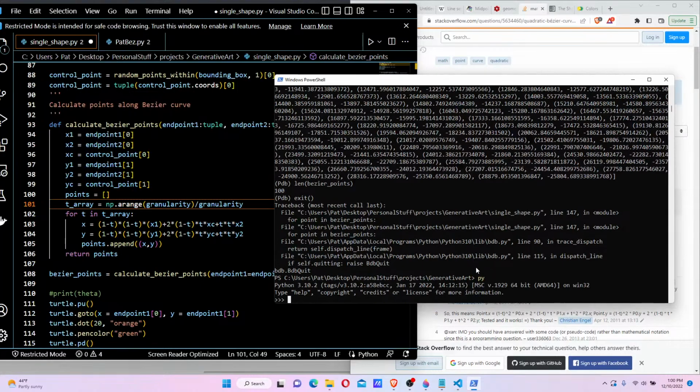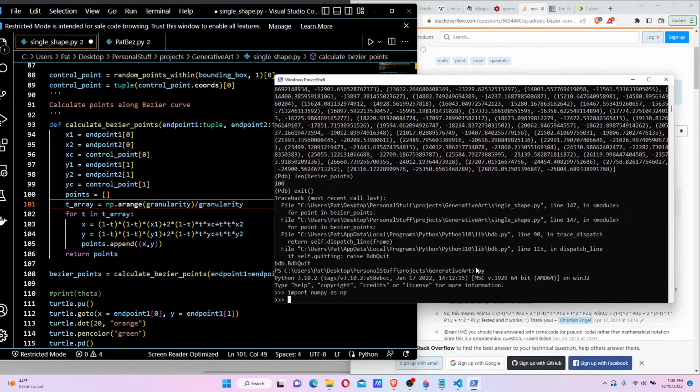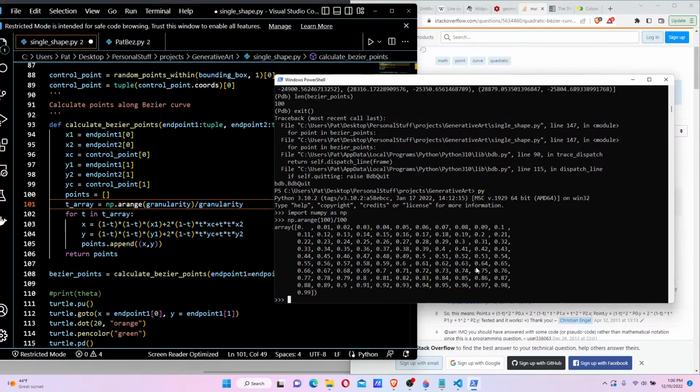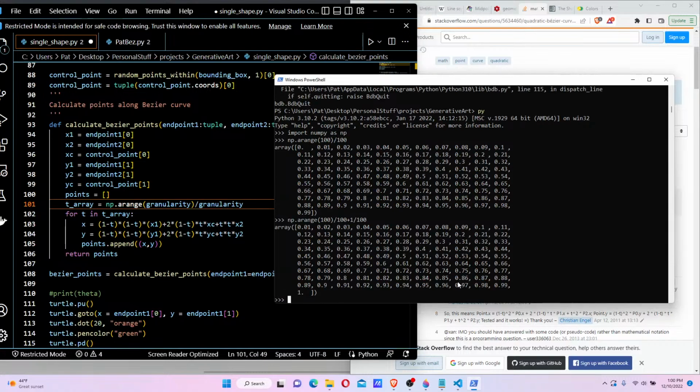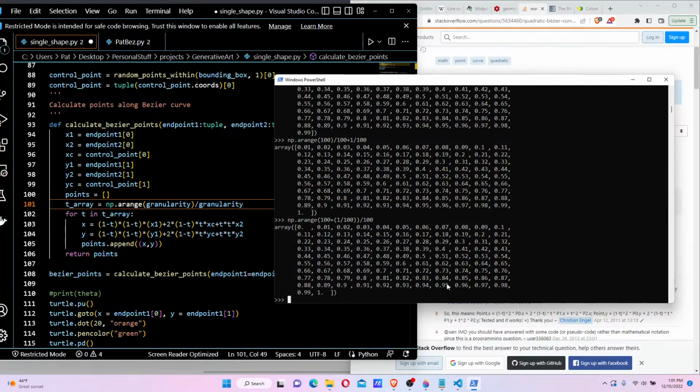Now, just to make sure, let's look at what this looks like. So import numpy as np, np.arange 100, divide by 100. Nice. Oh, plus 1 divided by 100.